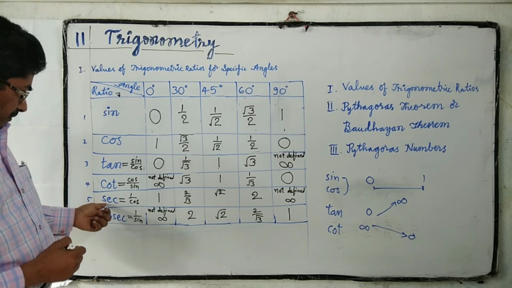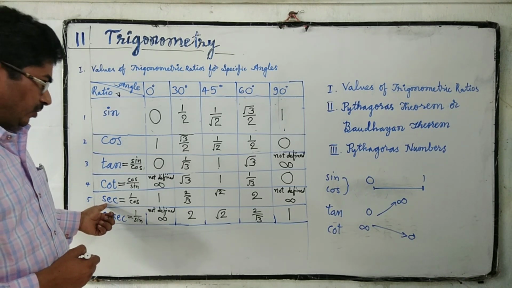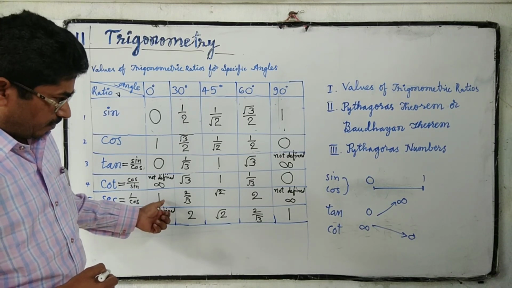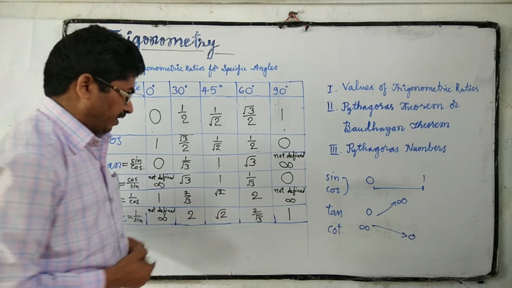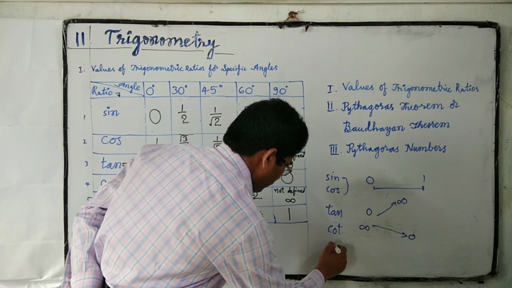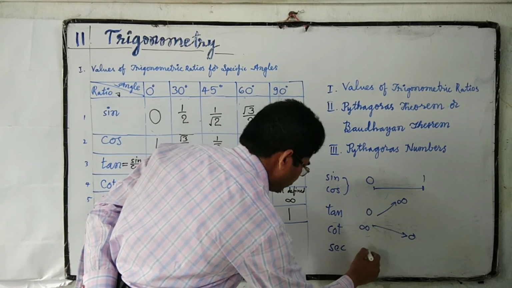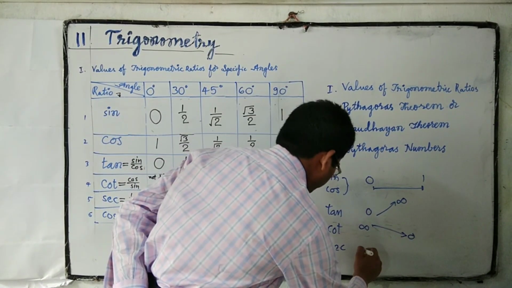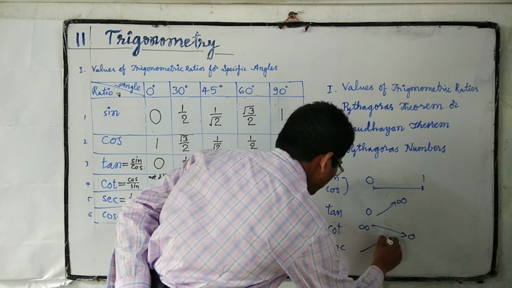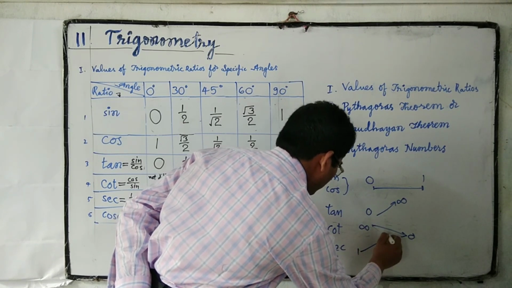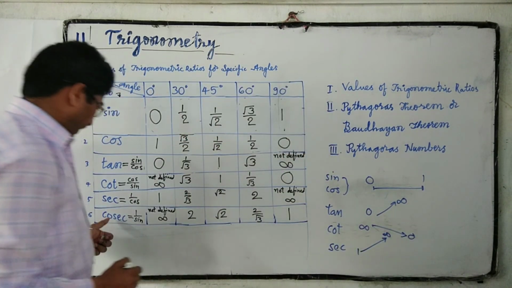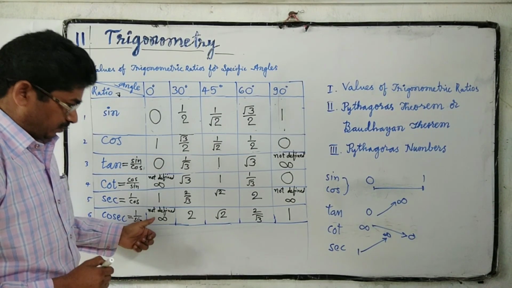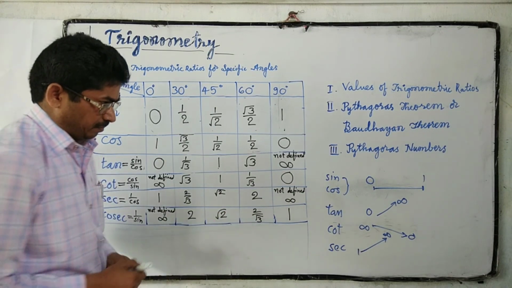In case of sec, the values increase from 1 to infinity. In case of cosec, the values decrease from infinity to 1.